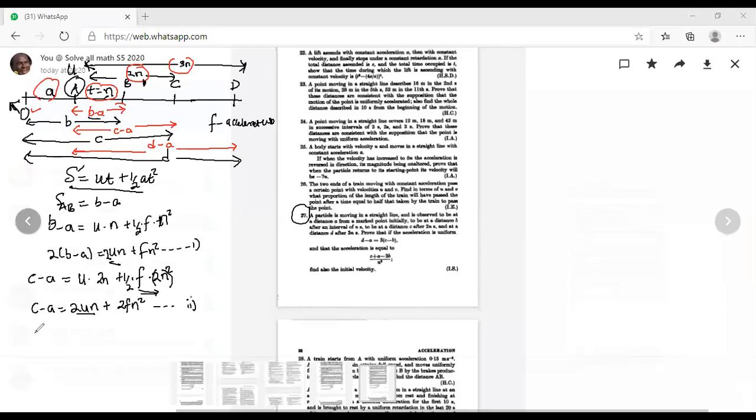D minus A is going to be equal to 3un plus a half times f times 3n squared. This will give me 2 into D minus A is equal to 6un plus 9fn squared. Equation 3.